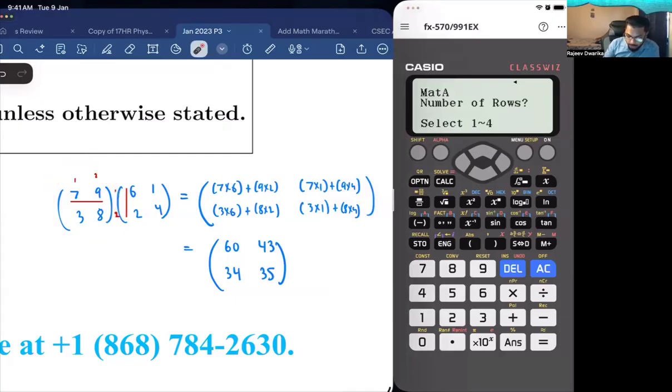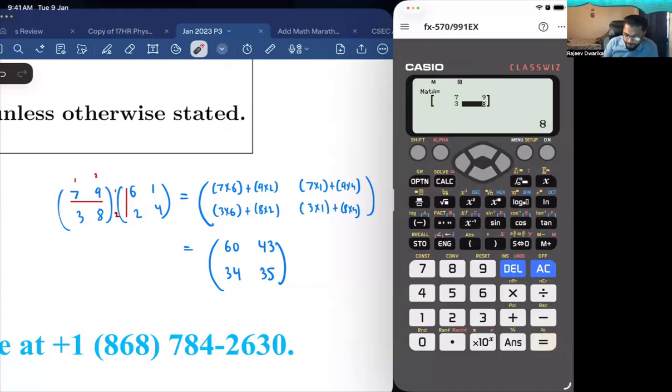So you put 2 for the number of rows, and for the number of columns, press 2 again. You should see this option come up on the screen. Then you're going to put 7938: 7 equal, 9 equal, 3 equal, and 8 equal. Let me know when you do that.